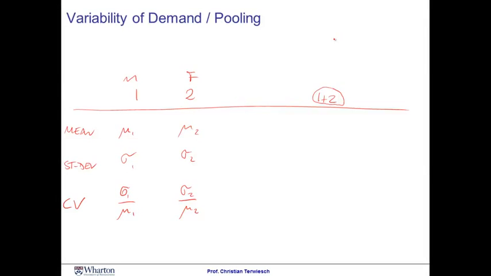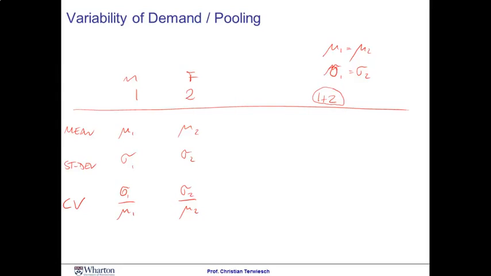Let's assume for the sake of argument that the demand for the female running shoes and the demand for the male running shoes are independent of each other. Moreover, let's assume that the market sizes are roughly similar and the market uncertainty is also roughly similar. So in other words, mu1 equals mu2 and sigma 1 equals sigma 2.